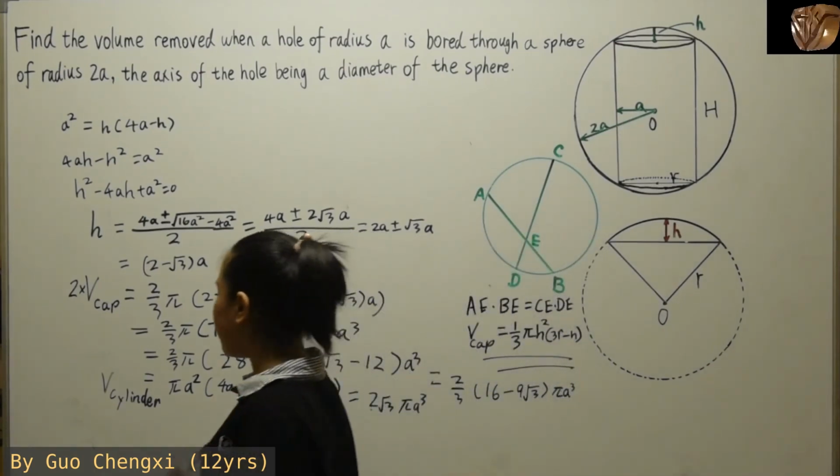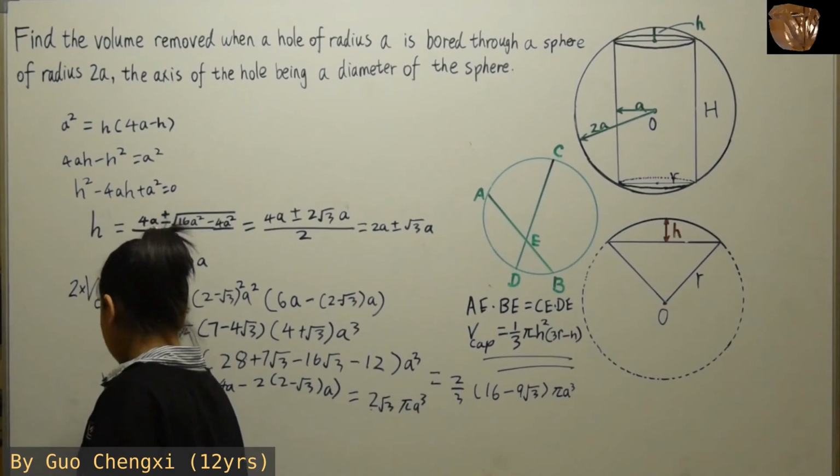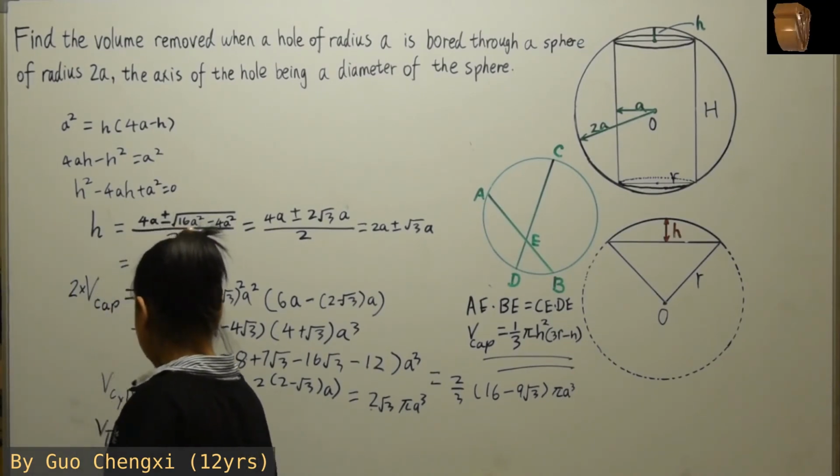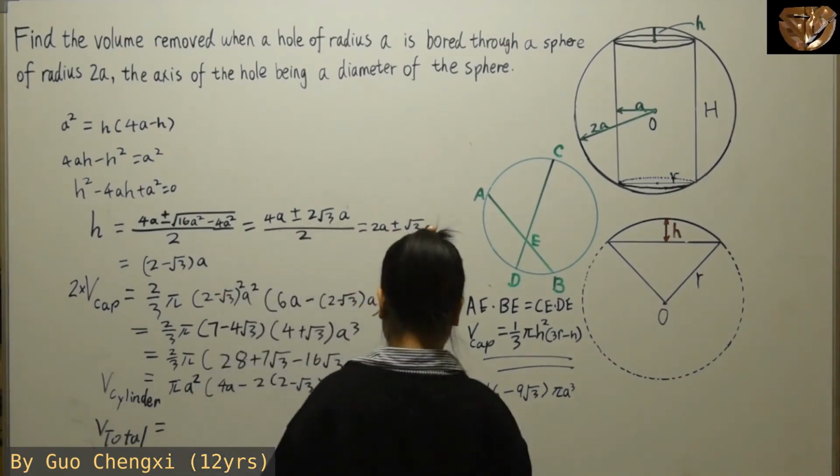Now that we have found out both of these, we can find the total volume. So the total volume is basically these two added together.